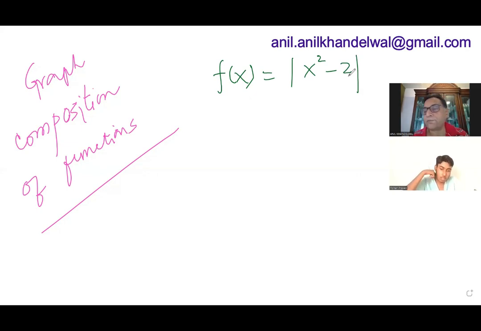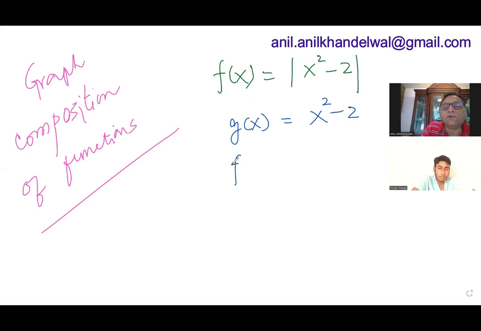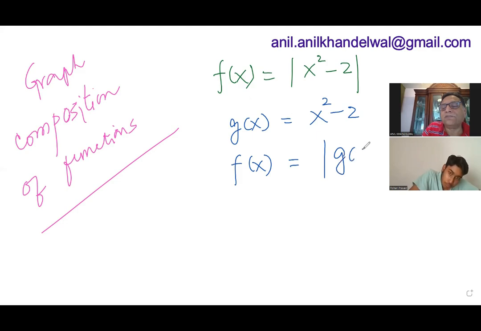It's a composition of a function because I could define one function, g of x, as equal to x squared minus 2, right? Yes, sir. And therefore, f of x is equal to the absolute value of g of x. Does it make sense? It's a composition of functions, right? Yeah. So now this composition really helps you to sketch the graph.